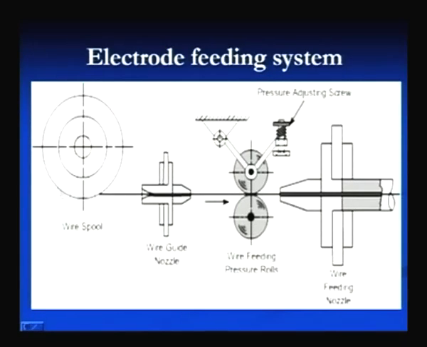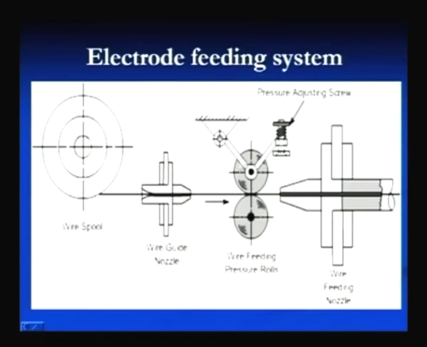The electrode wire is wrapped around this spool, and one by one it is unwound from the spool and passed through the wire guide nozzle, so that it is straightened, or you can say a wire straightening function is performed here.